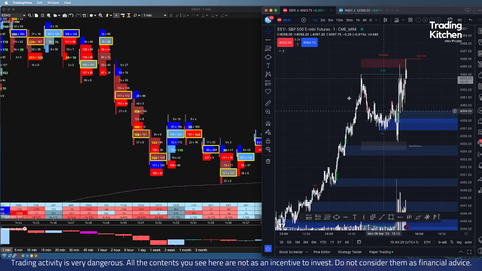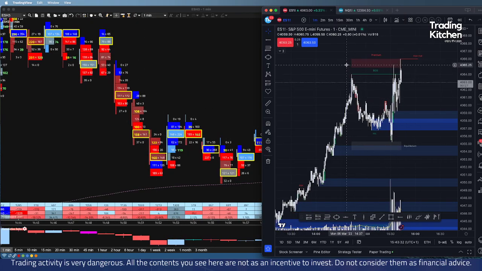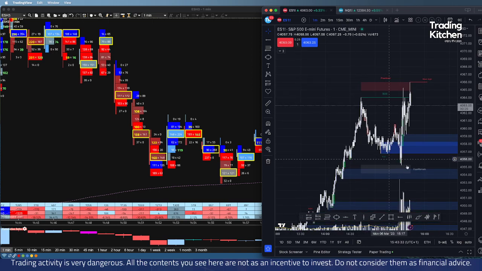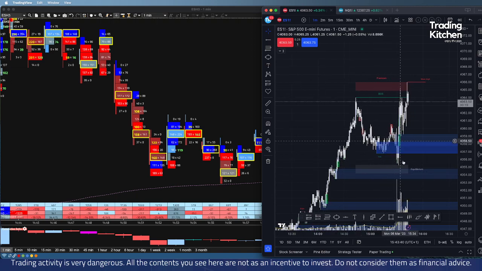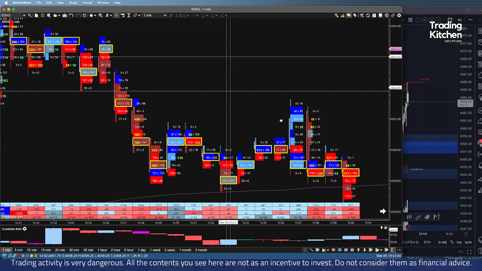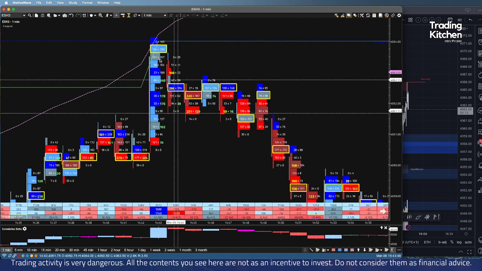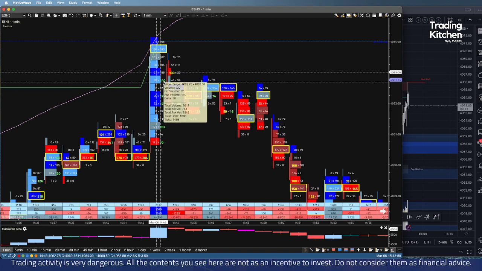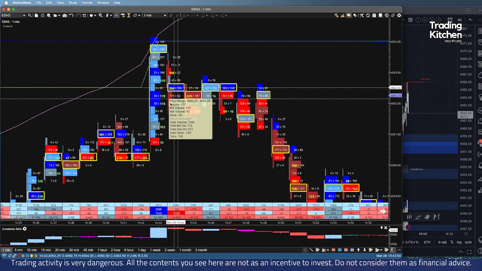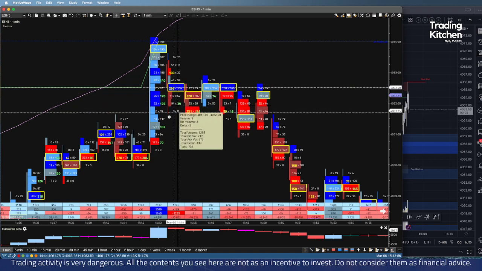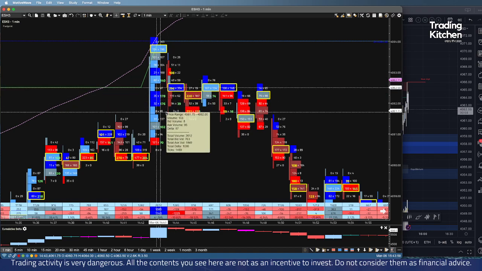So we were here, price moving down, close to the next demand zone, which is here. Then we have the US open. But the key was this buyer volume and all this huge volume imbalance.